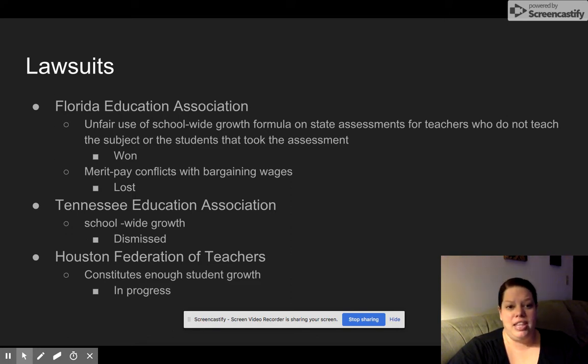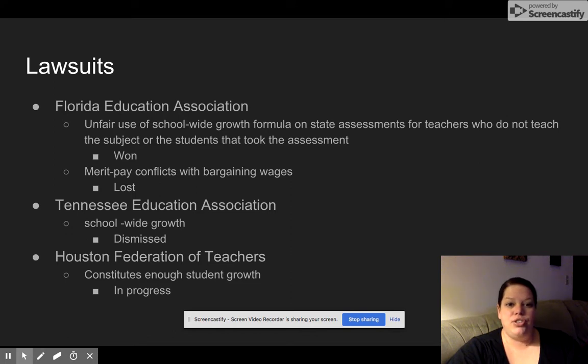There was also one that they had where merit pay conflicts with bargaining wages, like with teachers' unions and their use of bargaining. They lost that one.